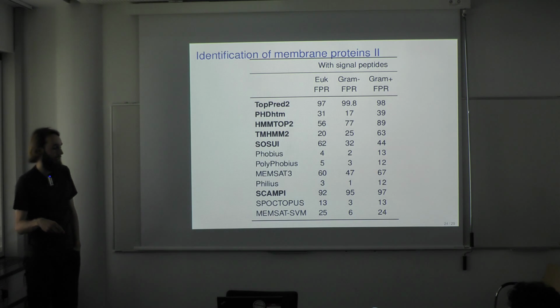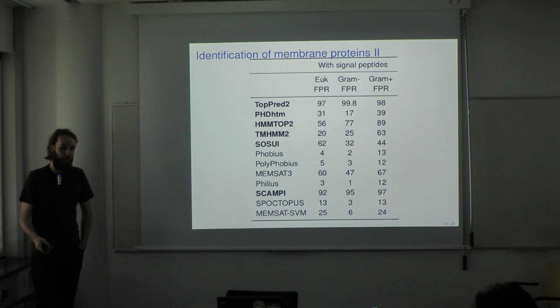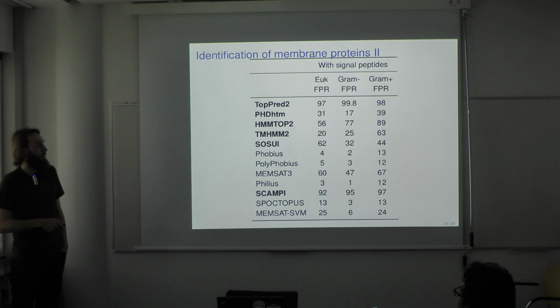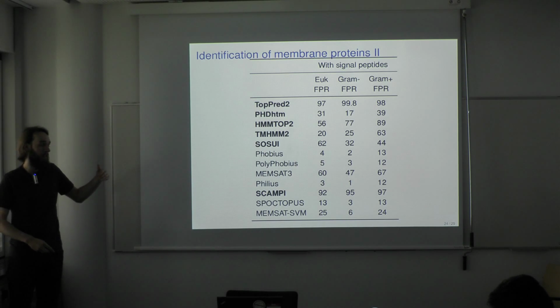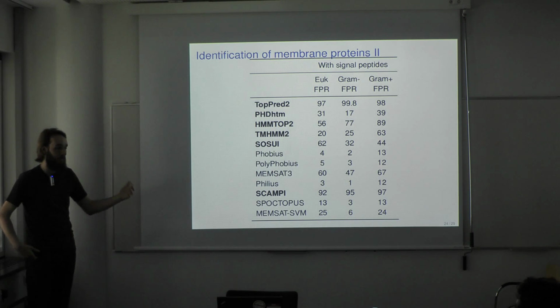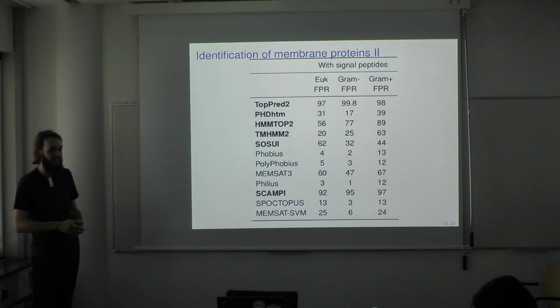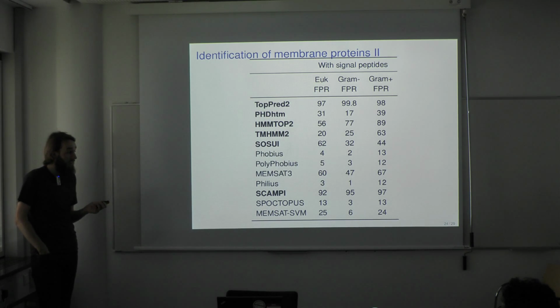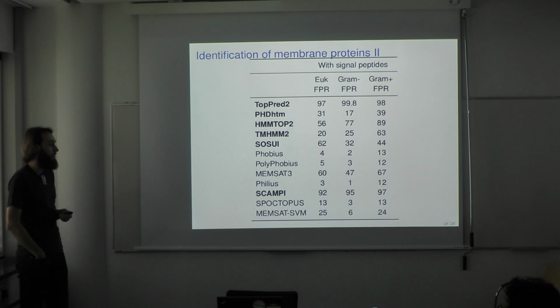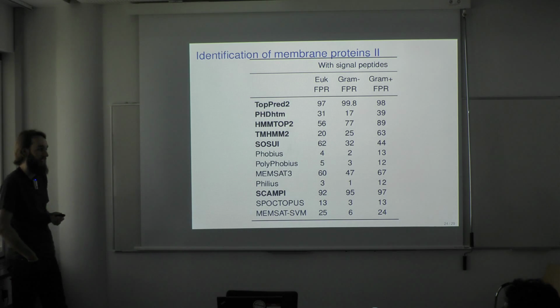If you look at why these are misclassified, you can see that for the other data sets, quite often the signal peptide and the predicted transmembrane helix overlap. So this is what caused the problem. However, for the gram-positive set, this is often not the case. Often the helix is predicted very far away from the signal peptide. So there must be more to this than just misclassifying the signal peptides, in particular for the gram-positive sequences.